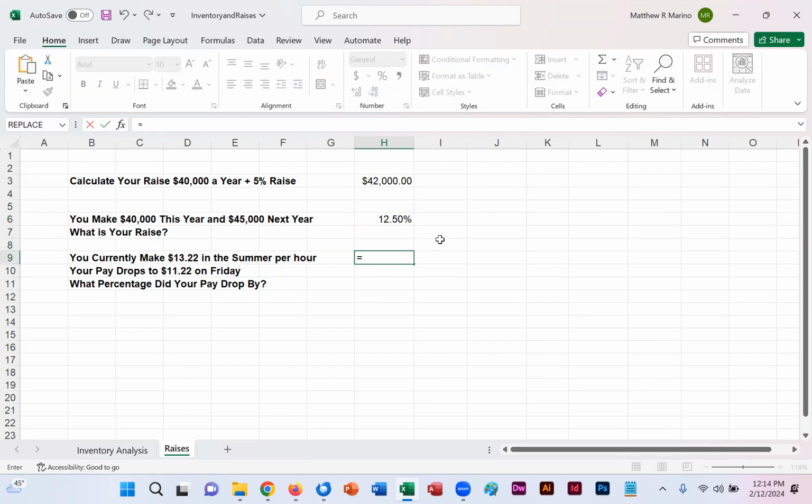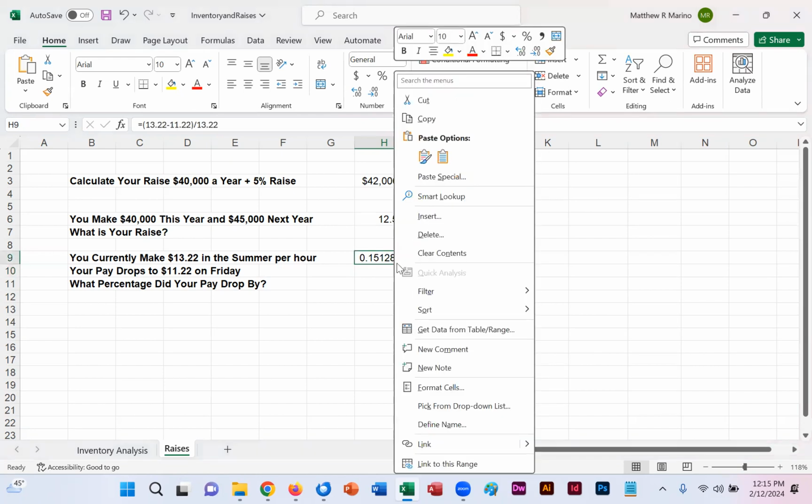Then we do the same thing here. Our current pay, $13.22 minus, and then divide by the current pay. But we get a random number here, 0.15122.